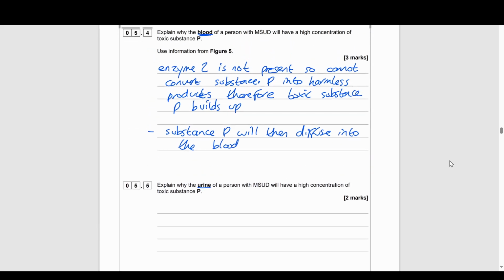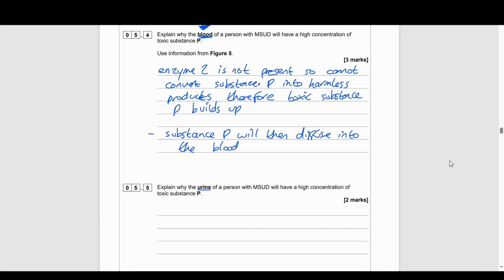5.5. Explain why the urine of a person with MSUD will have a high concentration of toxic substance P. Right, so it's very similar to 5.4. In 5.4 we were speaking about the blood, and now in 5.5 we're thinking about urine.